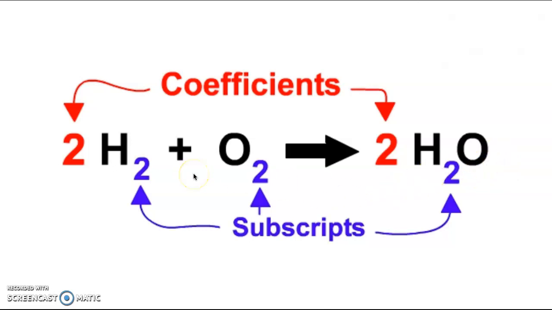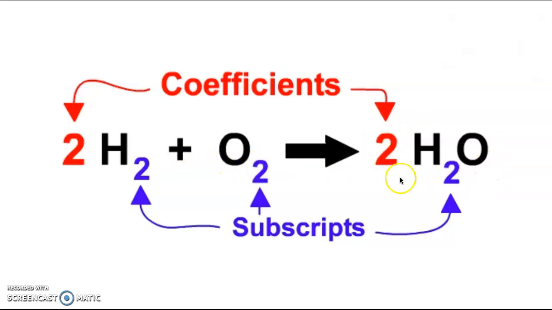To figure out the total number of atoms that I have, I want to multiply the coefficient times the subscript. So here, if I've got a coefficient of 2 and a subscript of 2, that means that I've got 4 hydrogen atoms. For oxygen, I've got a coefficient of 1 and a subscript of 2, so I've got 2 oxygen atoms.